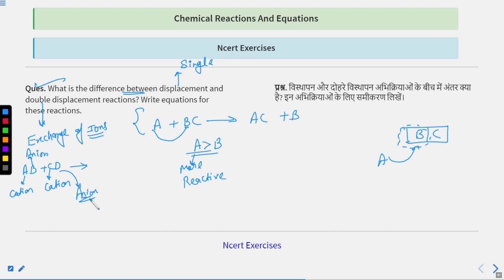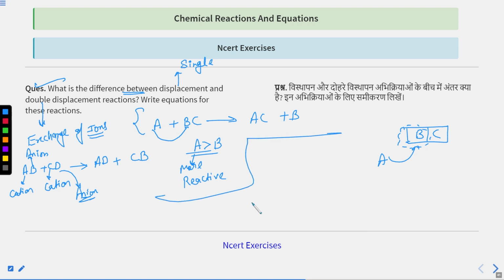This is cation, this is anion, this is cation, this is anion. So exchange of ions will take place. That means the cations and anions exchange their positions. If A is cation, it will combine with D, and if B is anion, it will combine with C. So you will get this product. That is known as a double displacement reaction. Very simple example.